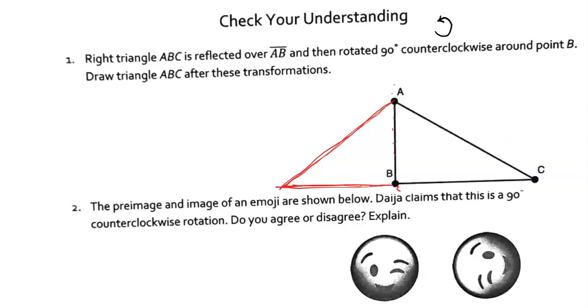Okay. Then we're going to rotate it 90 degrees counterclockwise. So if I had some room, I would just rotate it right about this point here, but I'm going to redraw it next to it. So now if I rotate it 90 degrees about that point, it would end up looking like this. And then here's point B prime, and then this would be point A prime, and this would be point C prime.